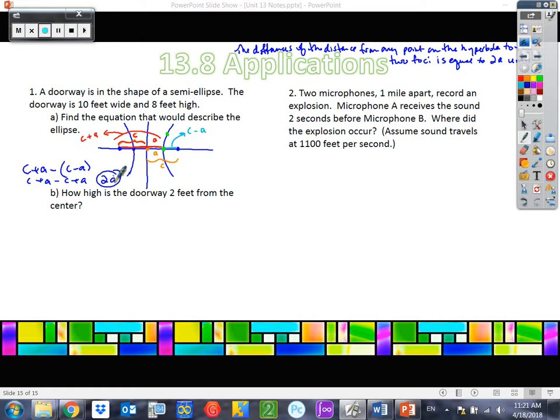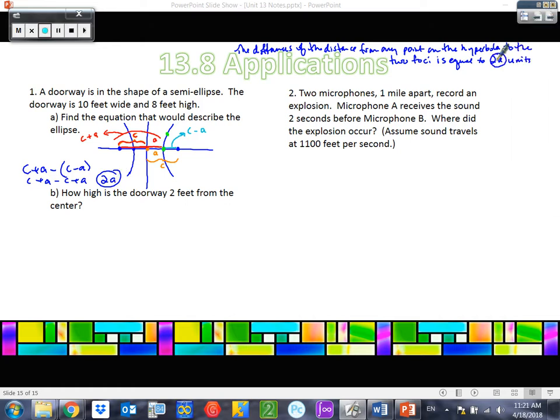That's where this comes from, 2A. So we're going to use that piece of information in this problem.